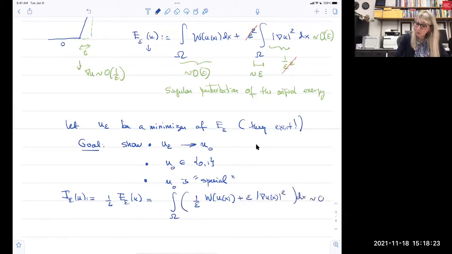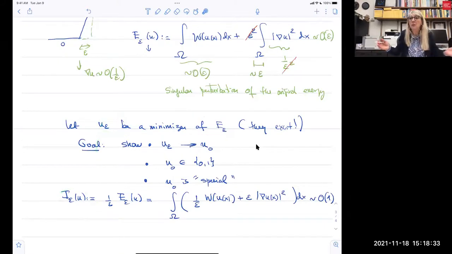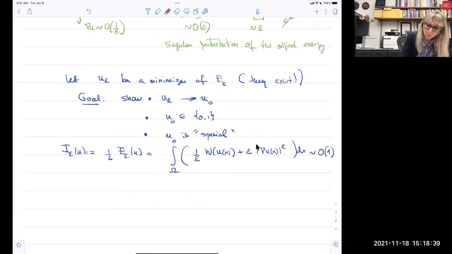Now this is of order 1. And the good news is that if U epsilon minimizes E epsilon, it also minimizes this one, right? It's just rescaled. So I'm not messing up the minimizers at the epsilon level, right?